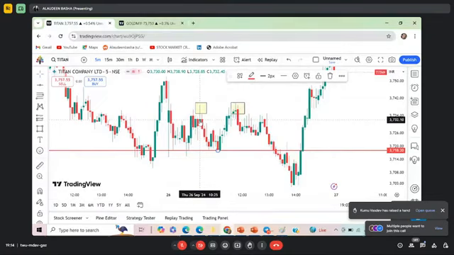What is the high value of Titan? Anyone from the participants? 3,738 at 10:25. After that, it goes down and trades at some lower values, and again it rolls back and reaches the same price.